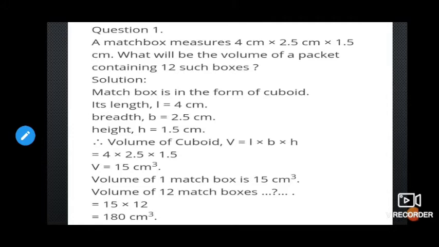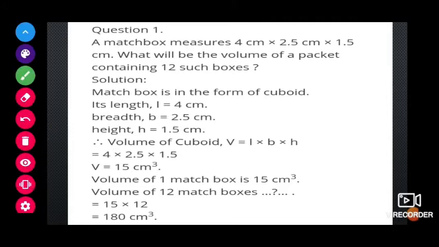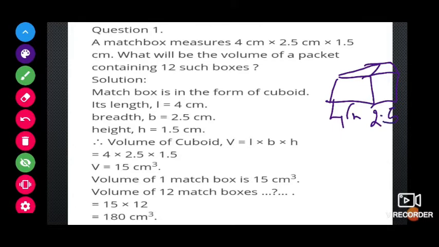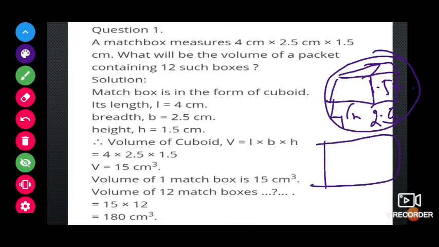Here they have given that one matchbox has the measurements 4 centimeter, 2.5 centimeter and 1.5 centimeter. If 12 such boxes are arranged in one big box, they are asking what the volume of that big box will be.